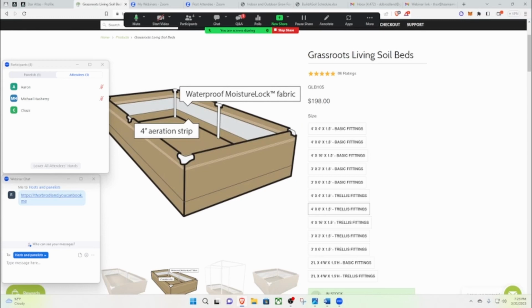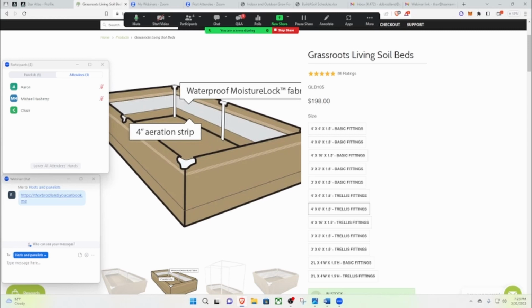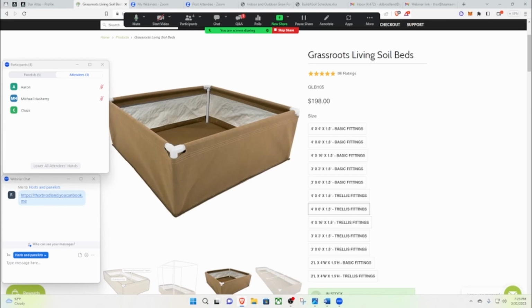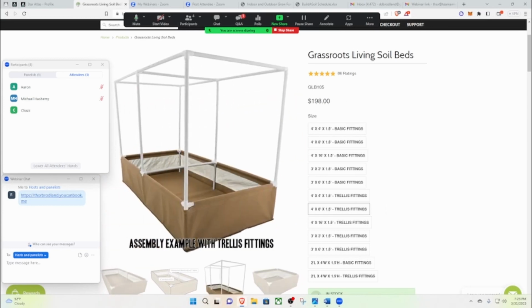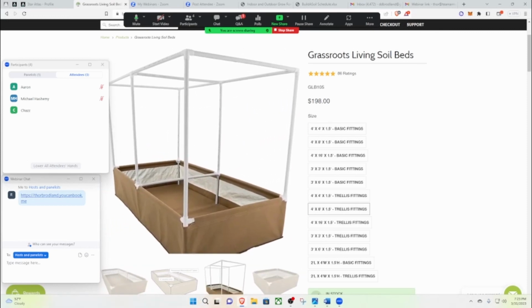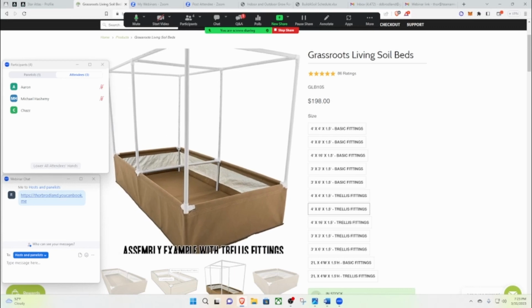It's a 4x8, which would give you essentially the same amount of space going across these columns, and this would be an entire 4x8 by 1.5. So it actually gives you a lot more volume of soil, and therefore more battery for essentially your water and nutrients. And then they come with trellis attachments to be able to actually tie the trellis in.